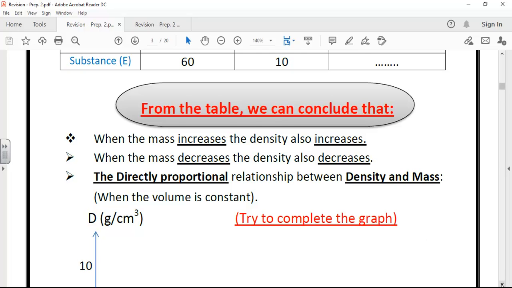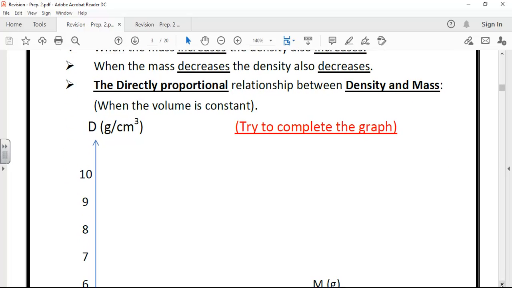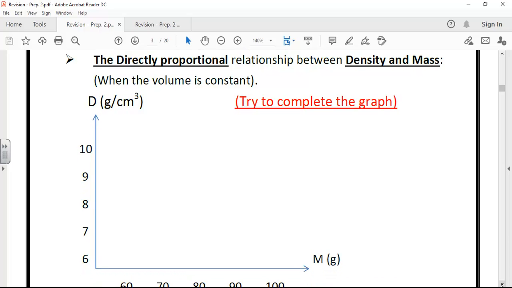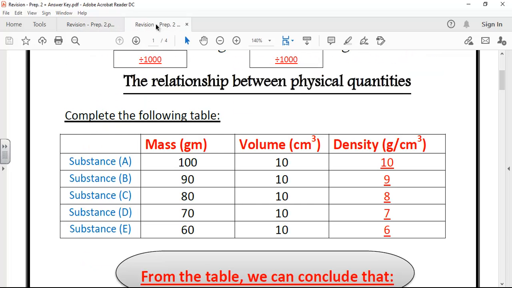If we want to draw it as a graph, how can we draw it? As you can see here, the density 6, 7, 8, 9, 10, and the mass 60, 70, 80, 90, and 100. Just draw each as a point, then connect all the points together.